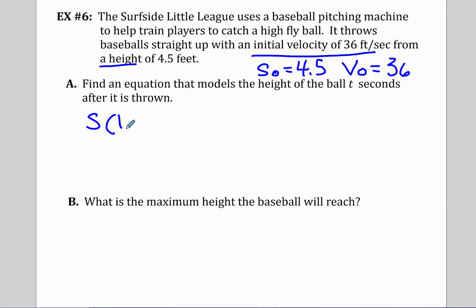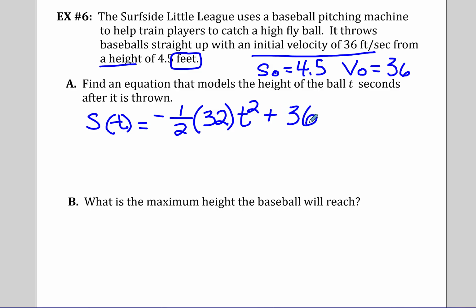We want to find an equation that models the height of the ball t seconds after it's thrown. So since we're talking about feet, our gravitational constant is 32, t squared plus initial velocity times time plus initial height.